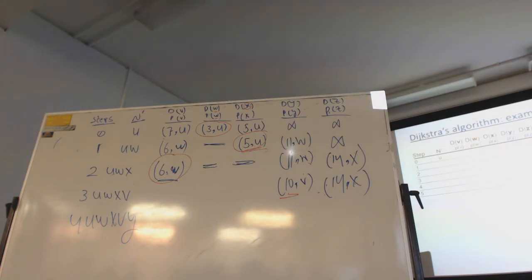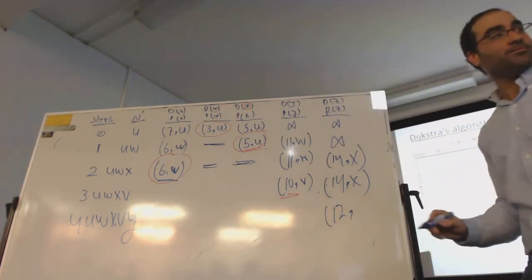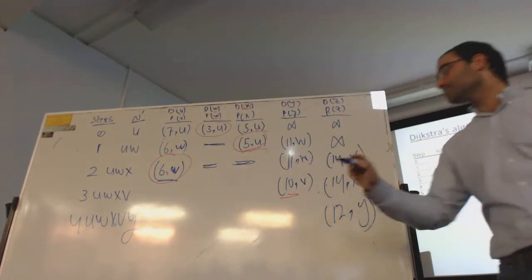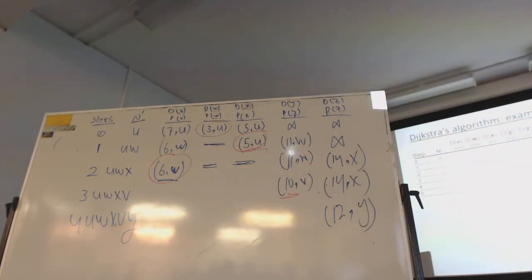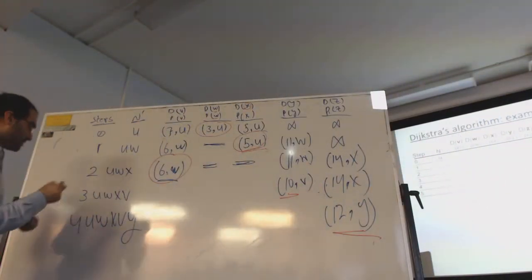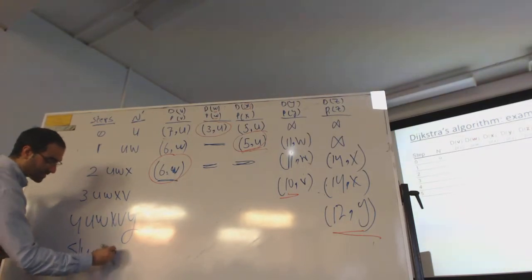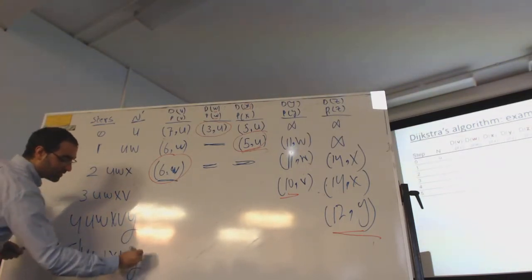Y, yeah. The only node left is Z. That's your path now. The path is U, W, X, V, Y, Z.